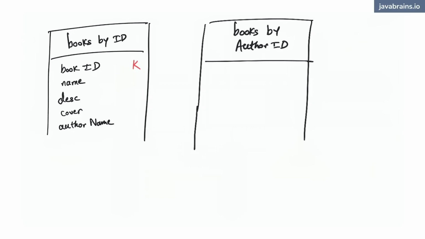This is going to have the author ID, and the author ID is going to be the primary key. And now I need to get everything else here, right? So I'm going to get the name, the book ID, I'm going to get the book name.